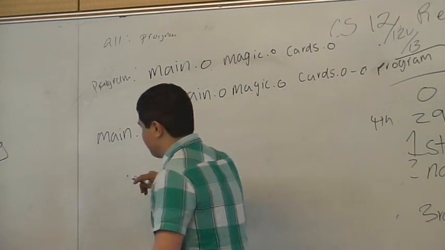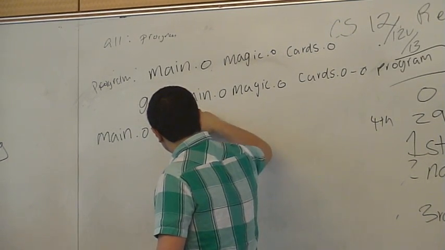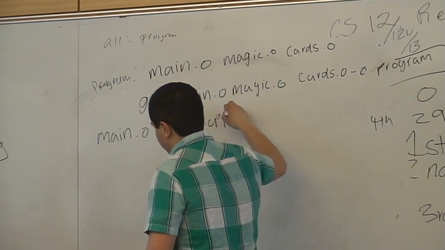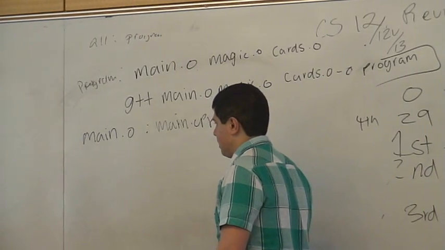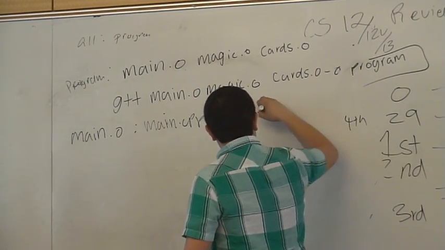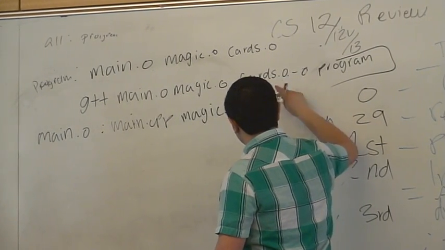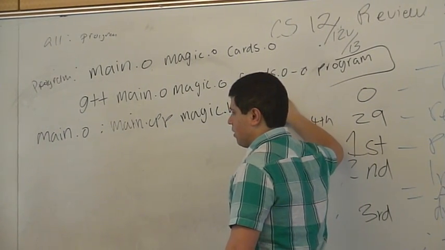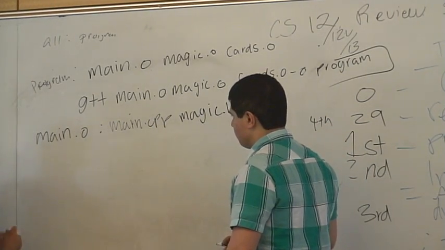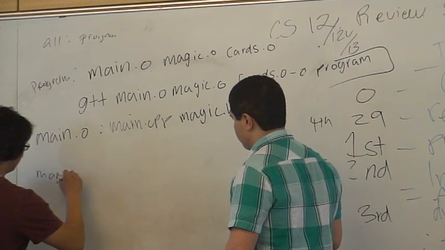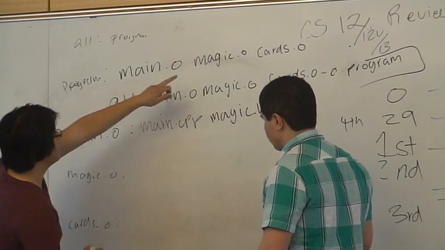First off, it depends on magic.h, cards.h, main.cpp and magic.h. Or you can just put .h, that will work. You don't even need that, because these will be caught by magic.o and managed by that, so we don't need that.